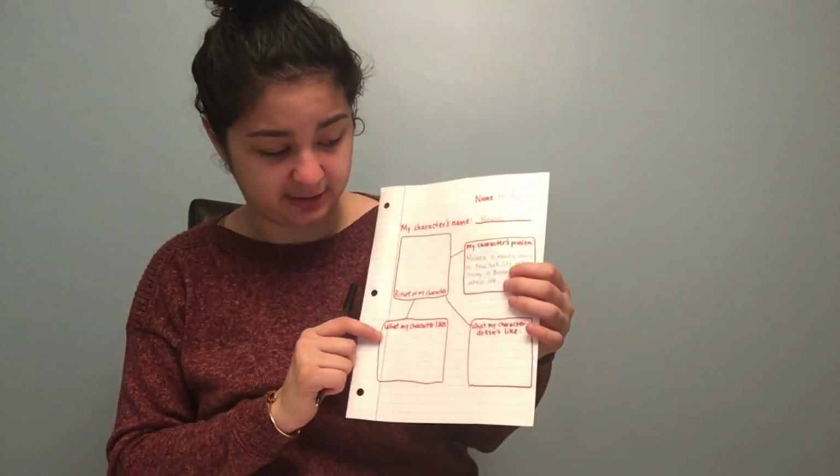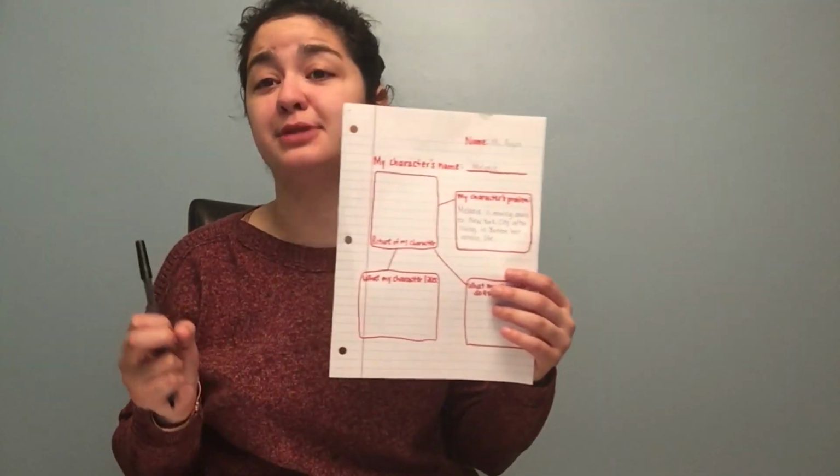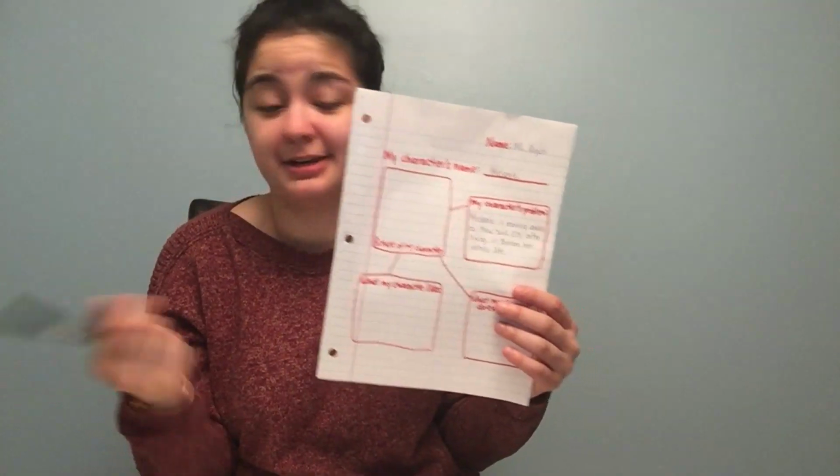All right. Now, I know all of you are looking at that picture, but not yet. Now we have to think about what our character likes and what our character doesn't like. And the reason for that is because when you get to your writing, in your beginning, you're going to describe your character. So, when I think about what Melanie likes, she likes going on walks with her dog.